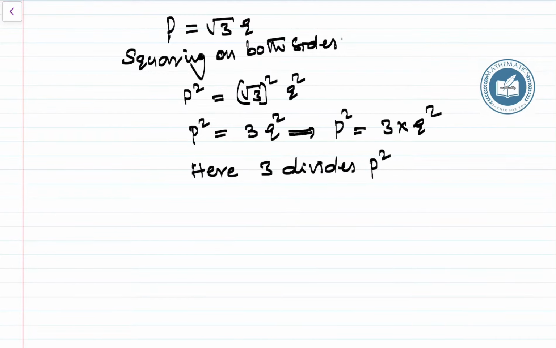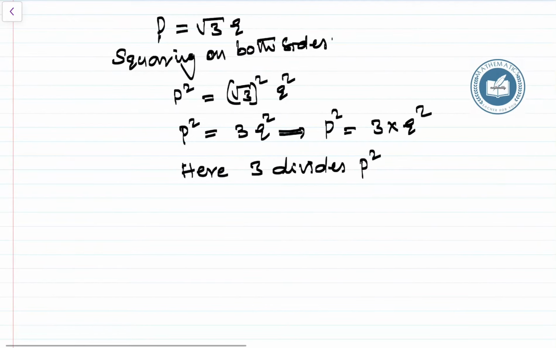Some example I will tell you here. Suppose p square, you can take 81. 81 we can write as 9 square. 9 square is divisible by 3: 3 ones are 3, 3 twos are 6, 3 nines are 27. It means here it is divisible by 3.